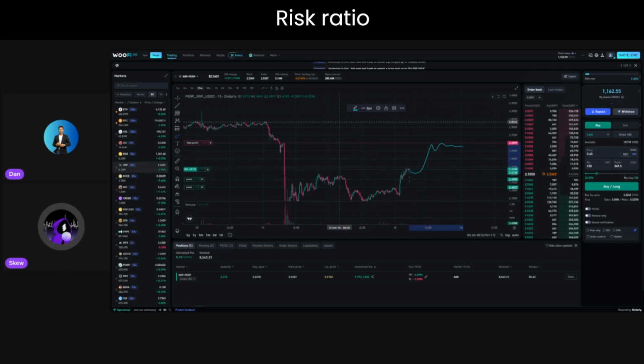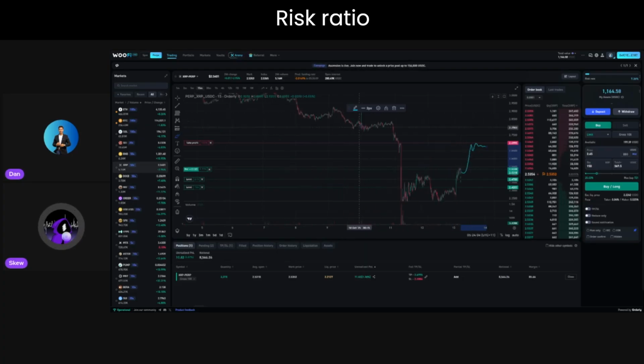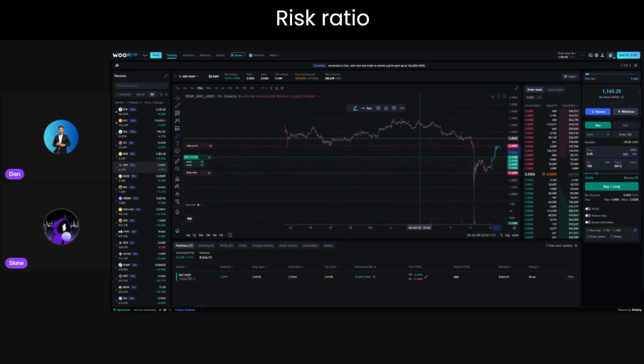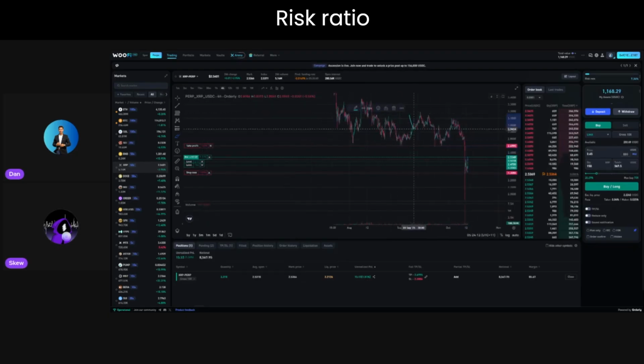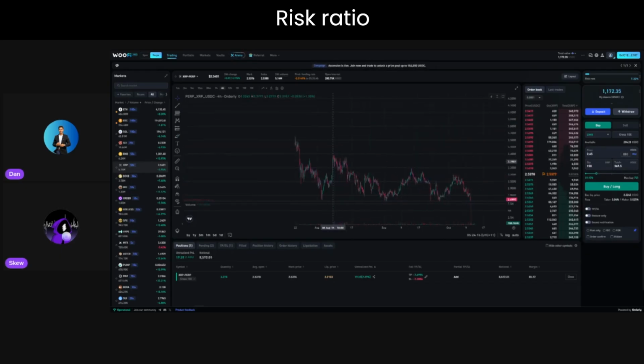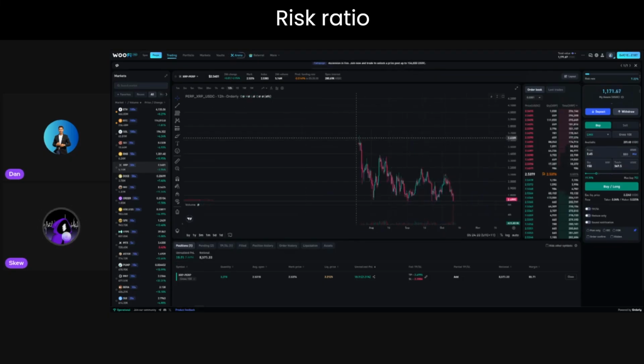And then for shorts, you tend to take those more at the extreme point of the market. Whoops, why is it not showing me?